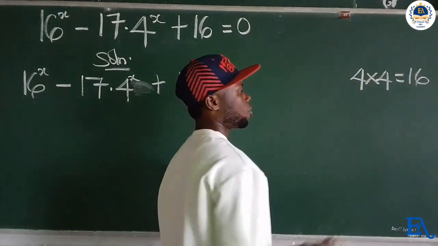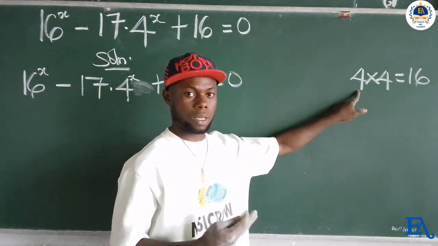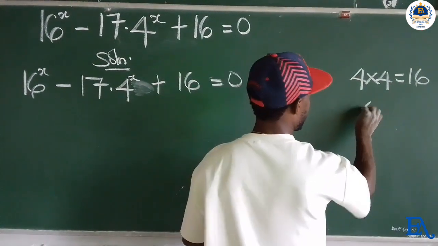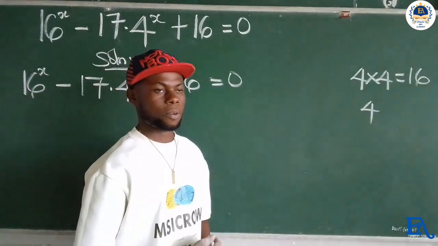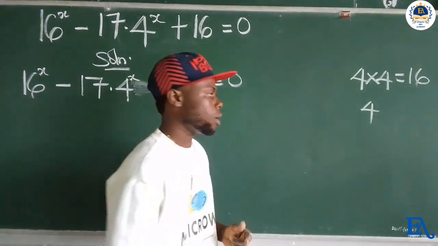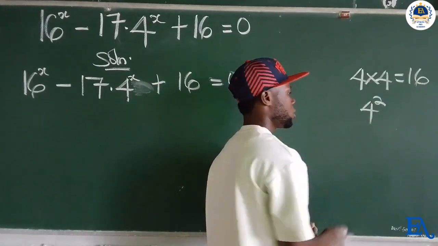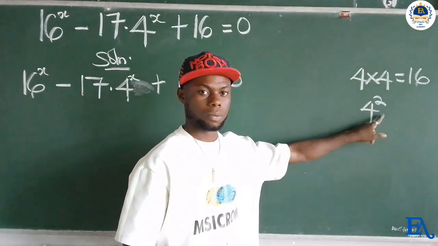In this multiplication, only 4 is being used, so we write 4. Count the total number of times 4 appears: 1, 2. That becomes the power 2. 16 is equivalent to 4 raised to the power of 2.